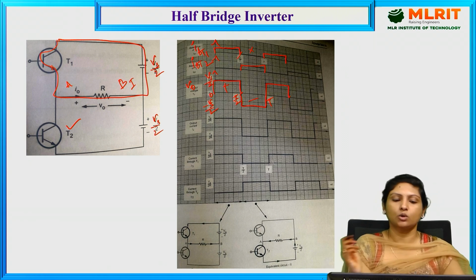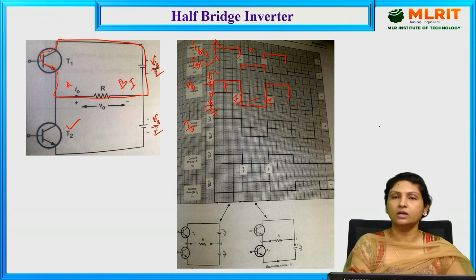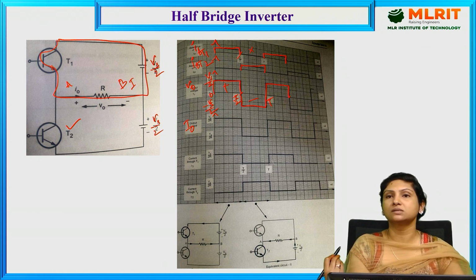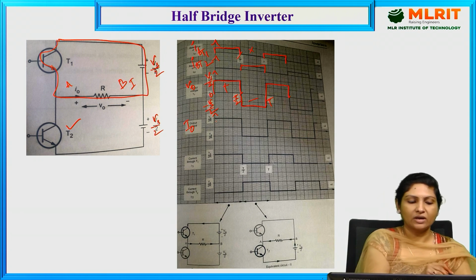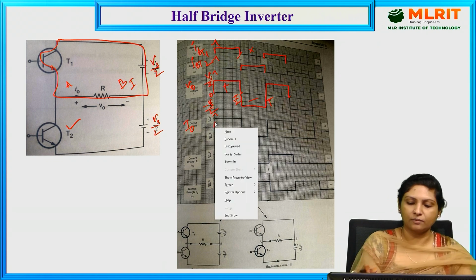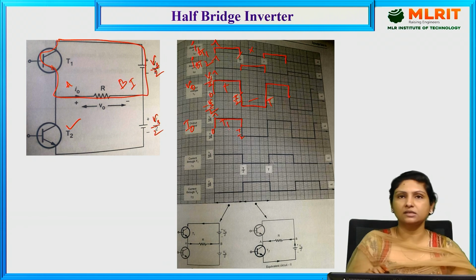And now talking about the output current, if you see, the output current is just similar to the output voltage because this is a resistive load. The moment we provided the base drive, current started flowing through the load. That is how we are getting current from 0 to T by 2, because transistor 1 is conducting in this period.